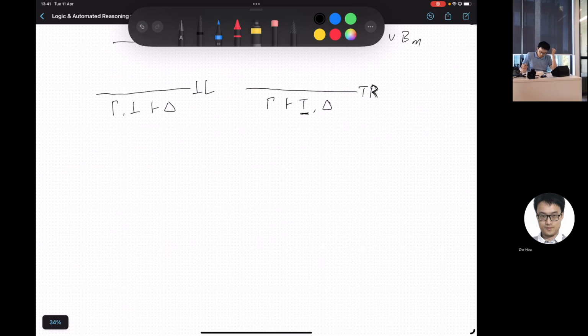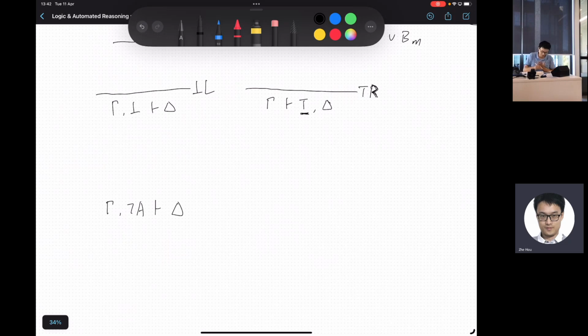Now, what else do we have? Negation. Let's have negation. So for everything, we're going to have the symbol on the left, the symbol on the right. So what happens when we have a negation on the left? Okay, so delta and gamma are sets of logical formulae. So they're not one logical formula, they're sets of logical formulae. All right, so now we have not A on the left-hand side.